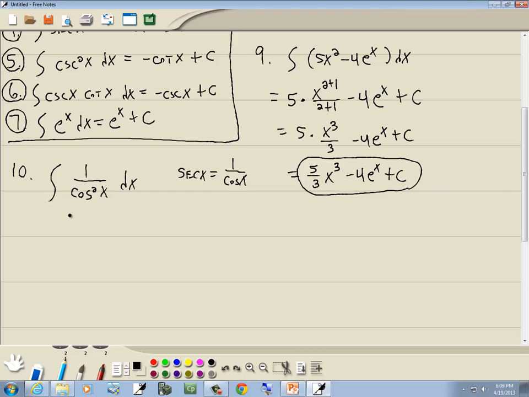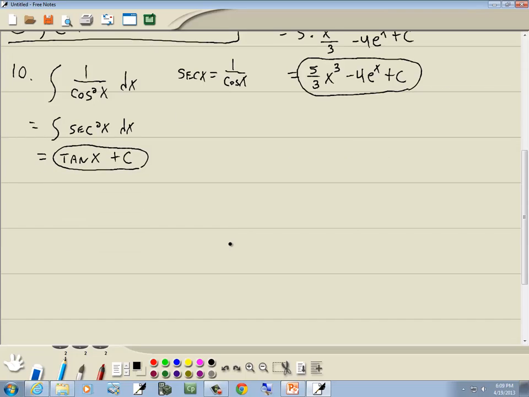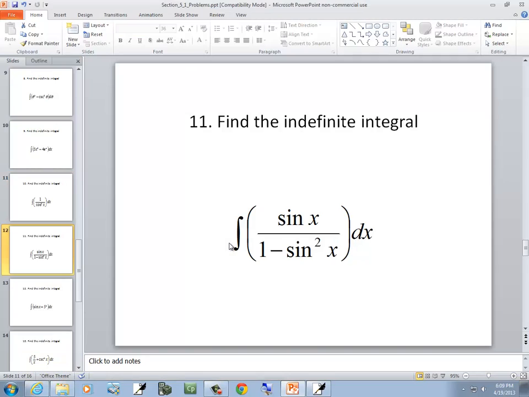So 1 over cosine squared I can rewrite as secant squared. And from up above, the integral of secant squared is tangent. And again, we have to put the plus c on. So you may have to use some trig identities to help you rewrite them. Let's take a look at this one.